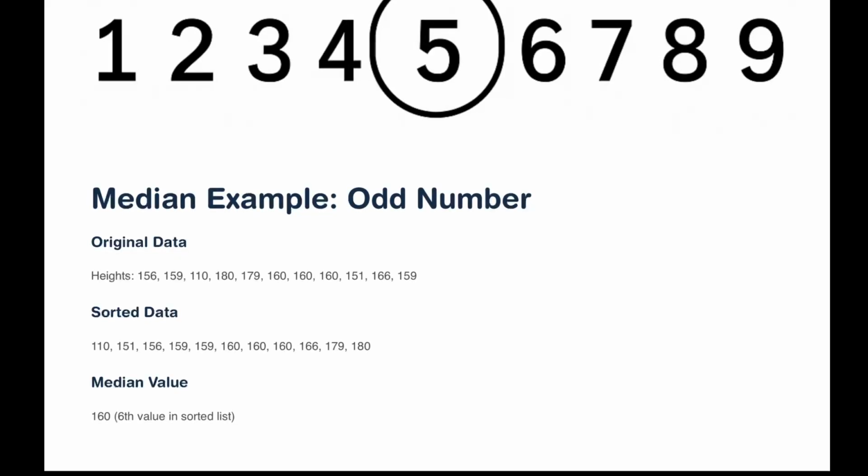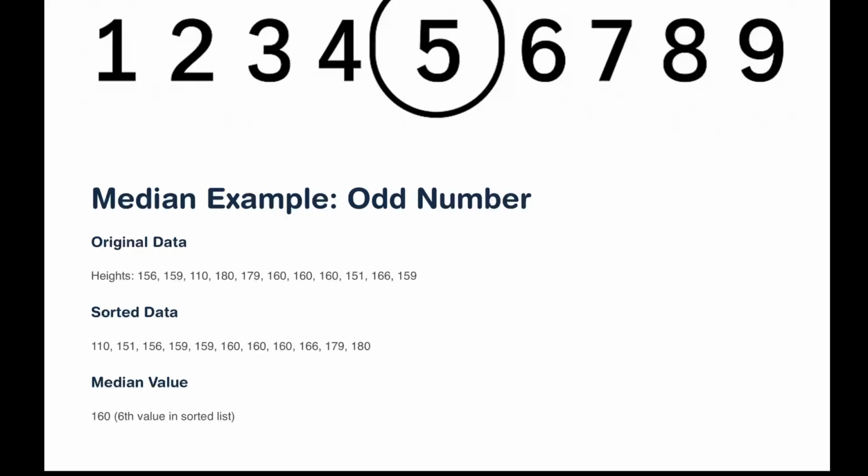For example, for 1 to 9, if we arrange it in ascending order, 5 will be the midpoint. You can see here 156, 159, 110, these are not arranged in proper order. This is the original data, then we sort it, and the median value will be this point. On either side, you have an almost equal number of values.